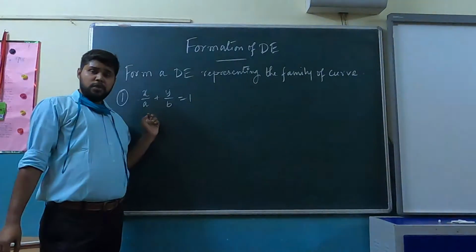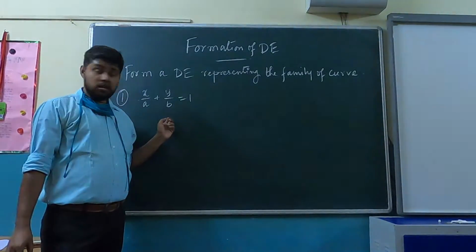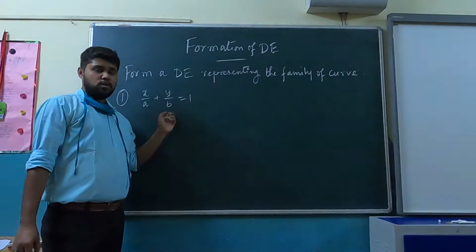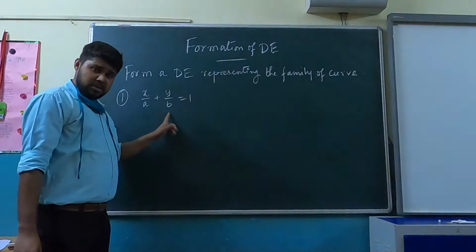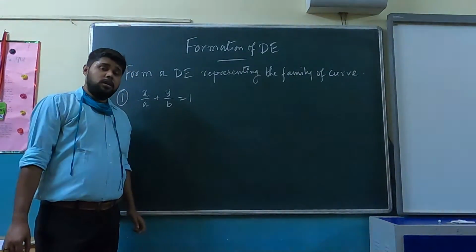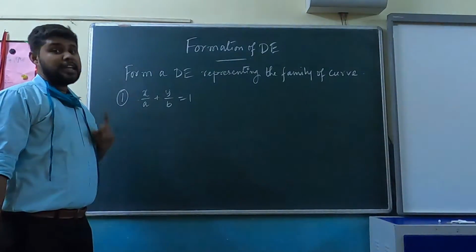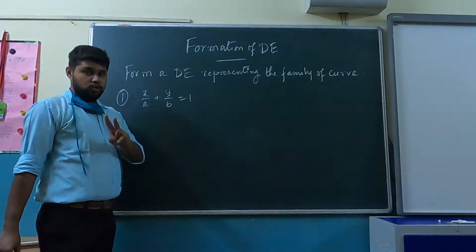So remember, whenever we have two or more parameters or two or more arbitrary constants, then I have to do the derivative twice. As many arbitrary constants as there are, that many derivatives there should be. So as I have two, I must do it twice.